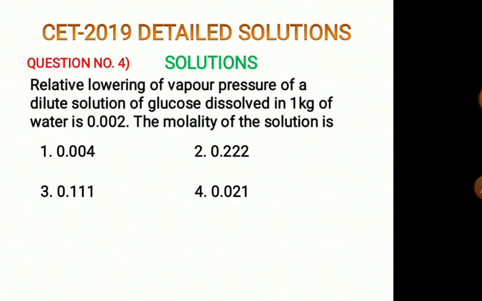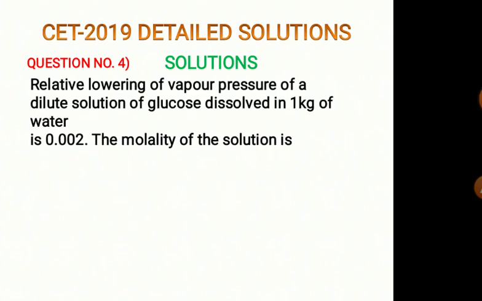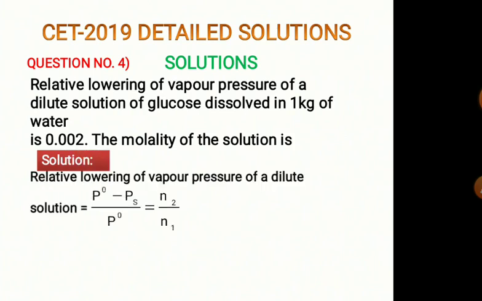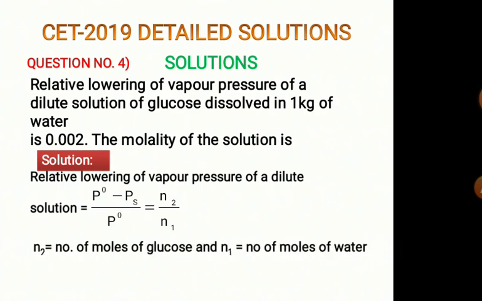Relative lowering of vapor pressure is given, so write the formula: P naught minus Ps divided by P naught is equal to N2 divided by N1. P naught is the vapor pressure of the solvent, Ps of the solution. N2 is the number of moles of glucose, N1 is the number of moles of water.